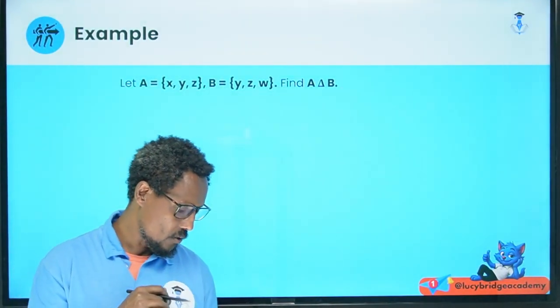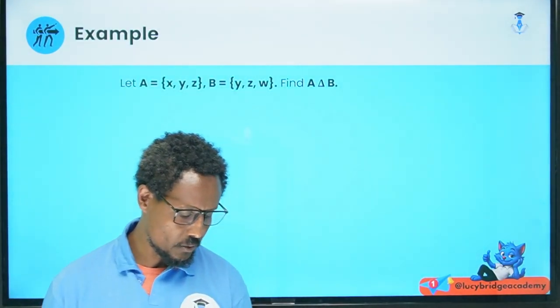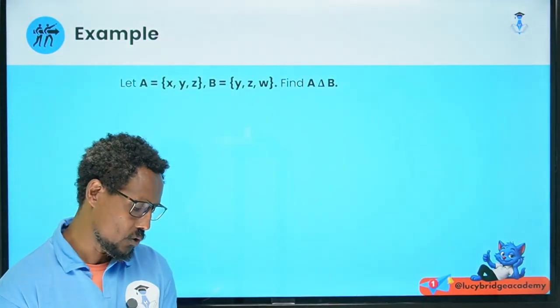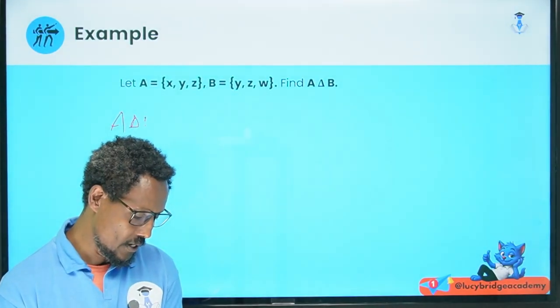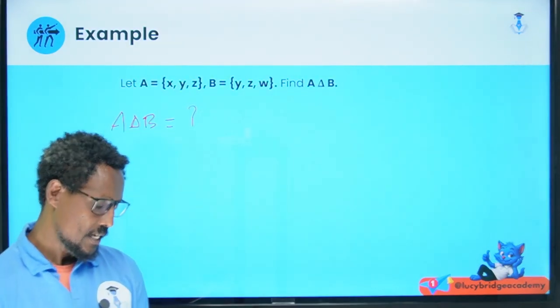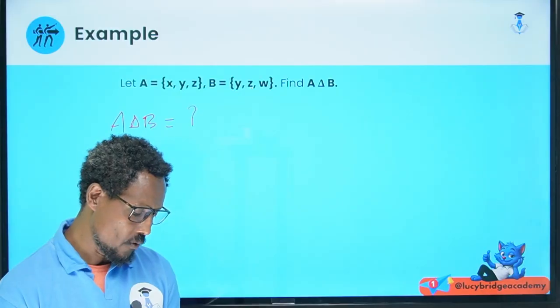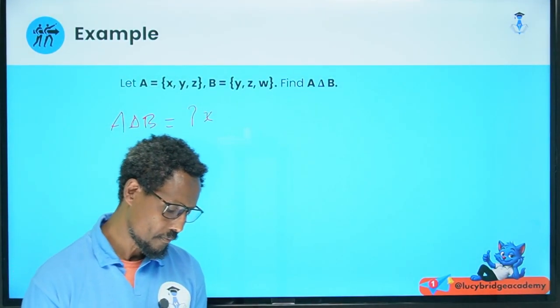Next, let A be equal to x, y, z, and B contains y, z, w. We are asked to find the symmetric difference of the two sets A and B. That means A symmetric difference B is equal to: yes, x is in A, x is not in B, therefore x can be an element of the symmetric difference, right?